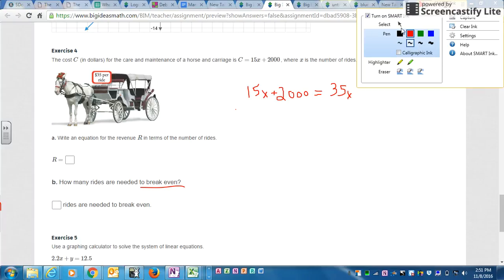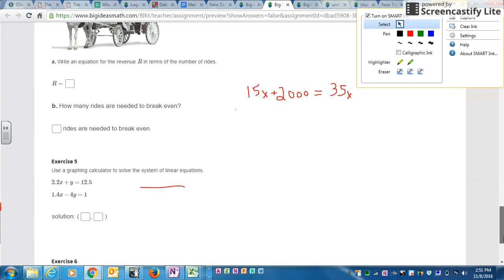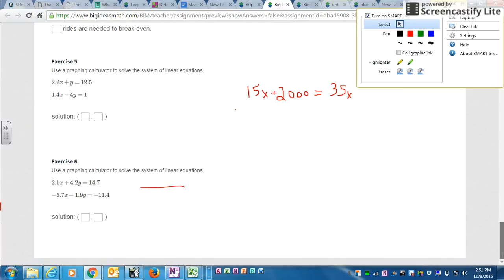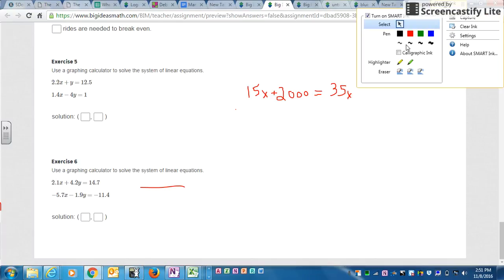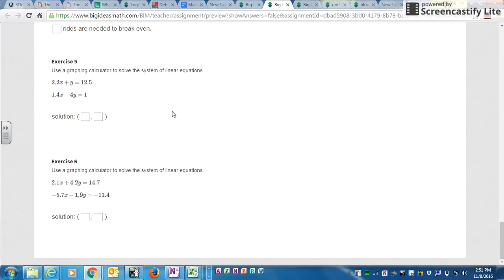And let me see if there's any other questions that you definitely will need help on. Okay, so these ones you're going to be using a graphing calculator. So that's why it does say use a calculator. So the first thing you need to do is solve each one for y, so that way you're in slope-intercept form.